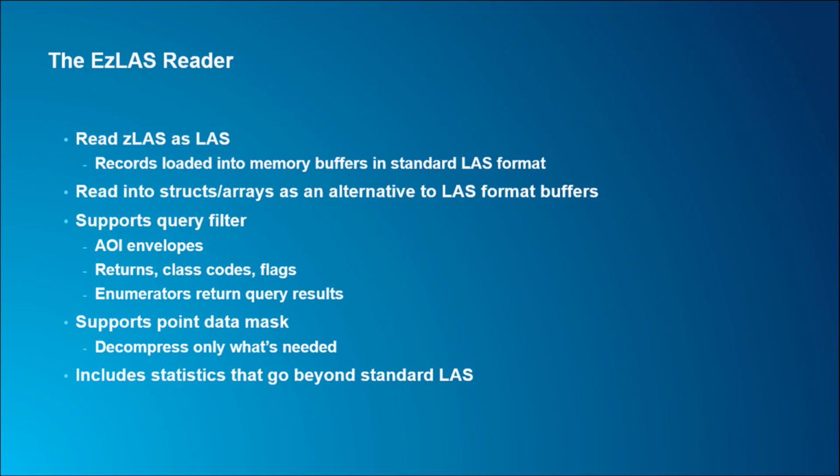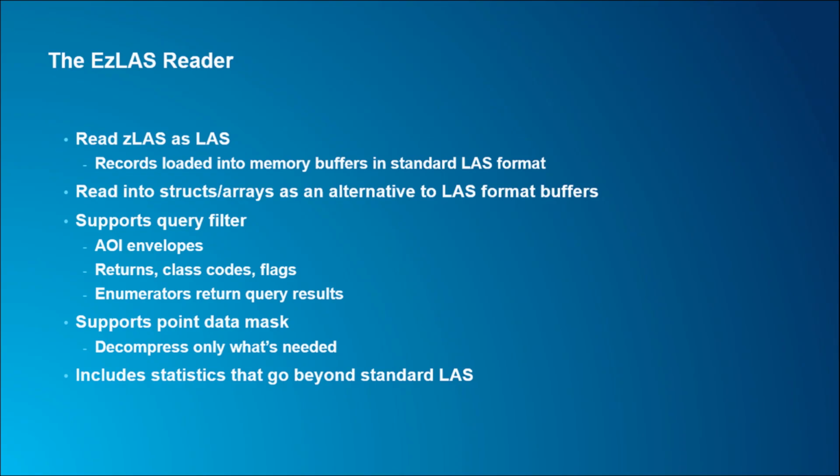We also have something we refer to as a point data mask. And this is interesting. If you're only interested in the point geometry, but not the point attributes, you can set the data mask to say, I'm just interested in the X, Y, and Z information. And then we don't need to go through the effort of decompressing the attributes that you're not interested in.